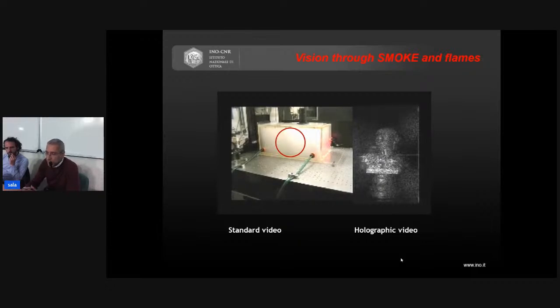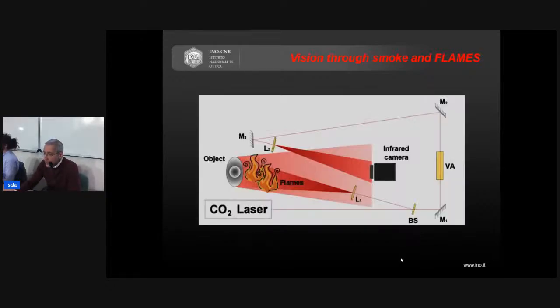However, as I just told, this result is due mainly to the well-known capacity of infrared radiation to penetrate through smoke, and indeed a similar result can also be obtained using a simple thermal camera. Instead, vision through flame is a peculiar property of digital holography.